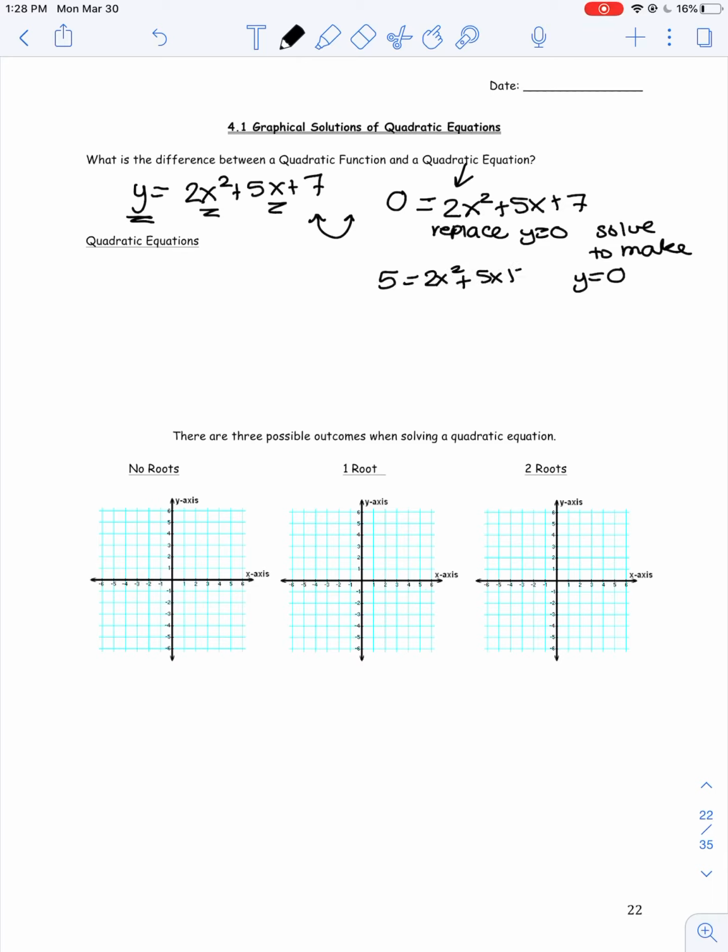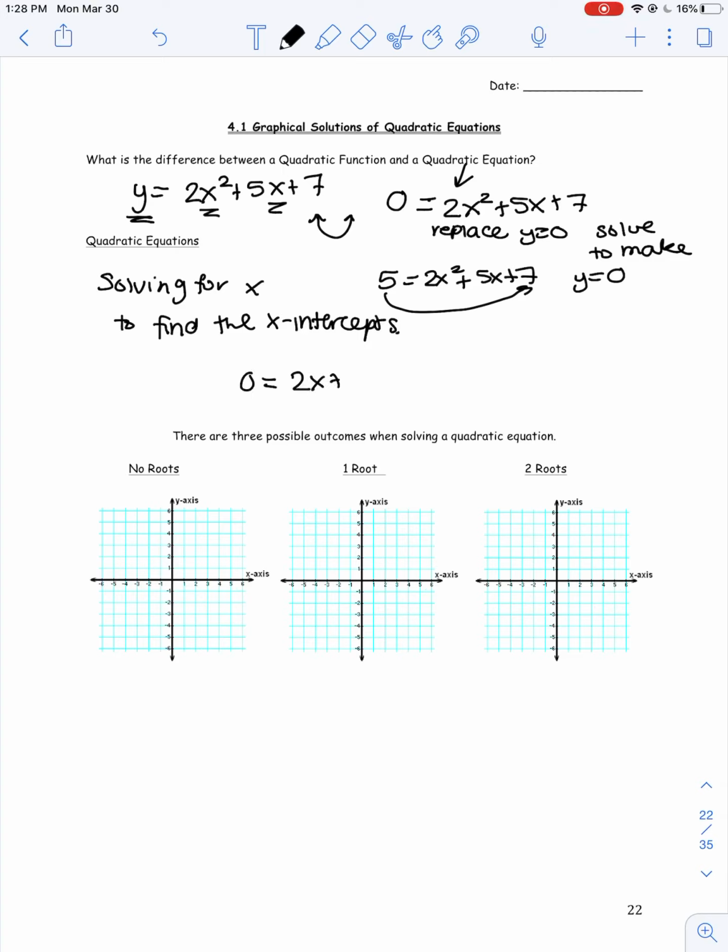So if you had 5 equals 2x squared plus 5x plus 7, you would move this 5 to the other side to make one of the sides equal to 0. So a quadratic equation is where you are solving for x to find the x-intercepts.